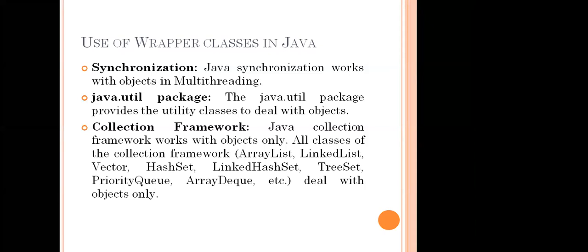All classes of the collection framework, like array list, linked list, vector, hash set, linked hash set, tree set, priority queue and array deque, etc., deal with objects only. We are not talking about primitives.